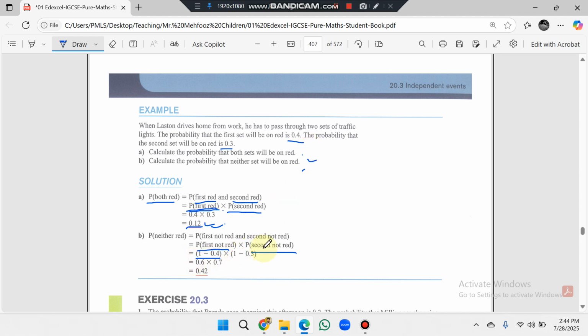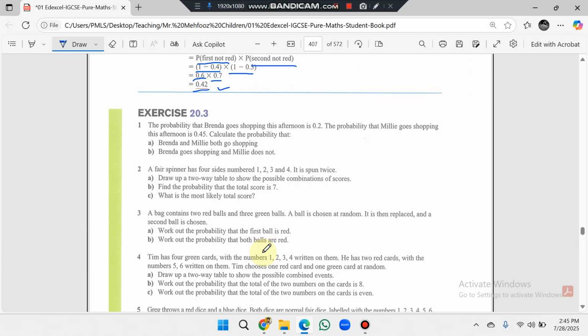The probability of second red is 0.3, so second not red will be 1 minus 0.3. When we simplify, the first term becomes 0.6 and the second term becomes 0.7. When we multiply these two numbers, your answer will be 0.42. So this is your solution for independent events. In this signals case, we also have two independent events.